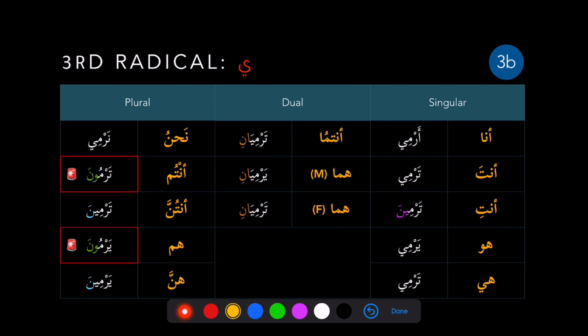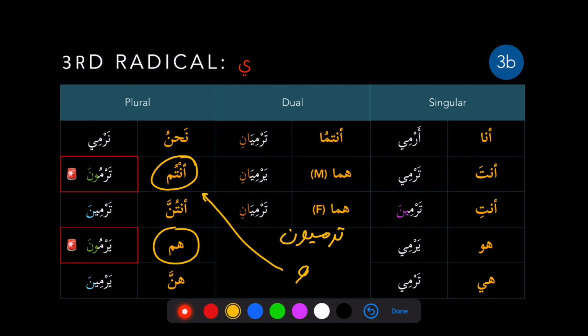We also lost the final ya in the antum and hum conjugations. Here we have tarmuna. In theory, that conjugation wanted to be tarmiuna. But here, in the ya-waw combination, the ya was lost, and we ended up with a single waw in its place, which gave us tarmuna.